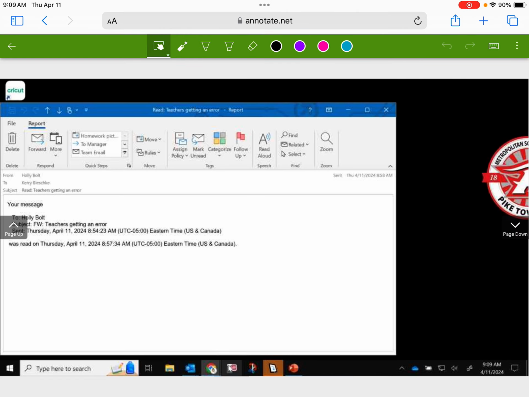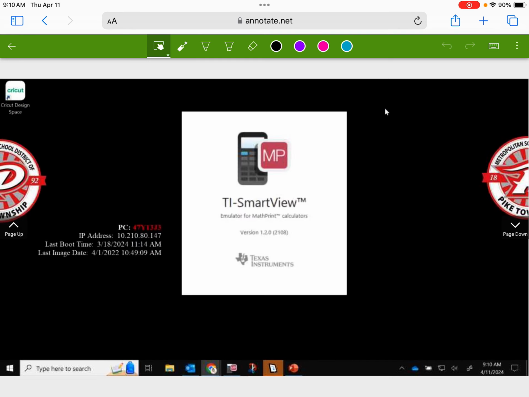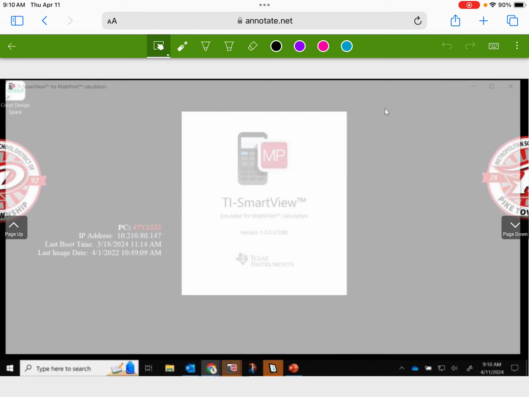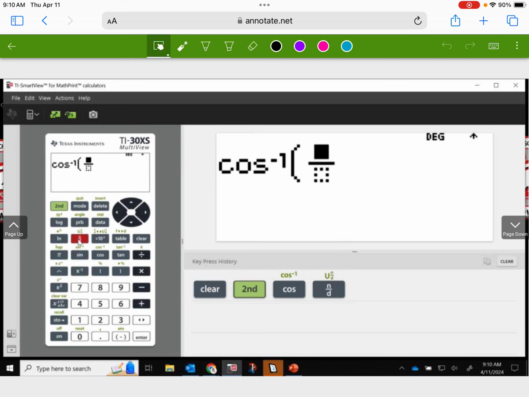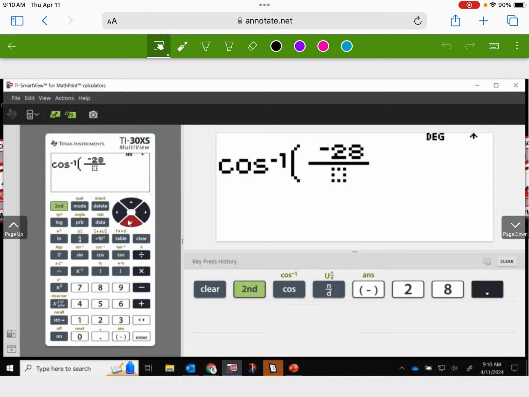So I'm going to open my calculator. So we're going to do our inverse cosine of the fraction, and you can type it in as a fraction. We've got our negative 28 over the square root of 928.